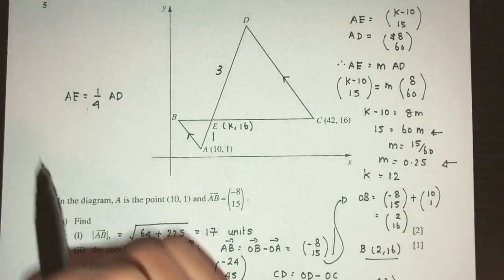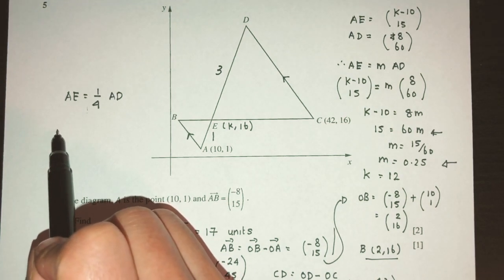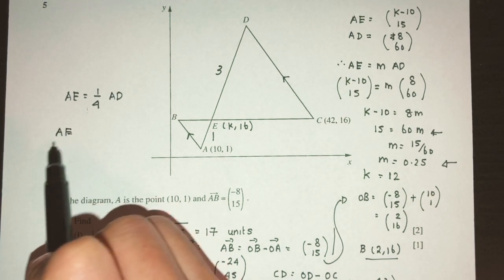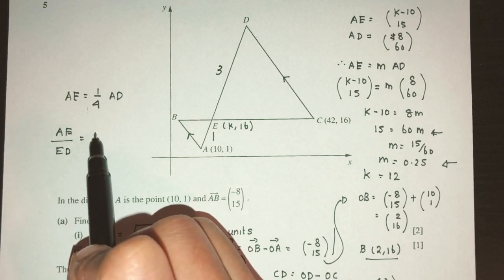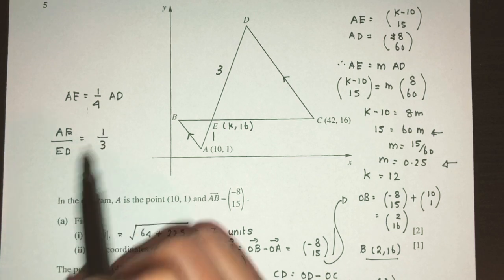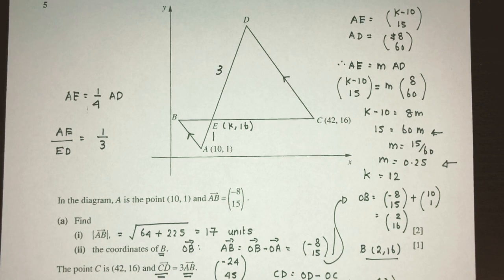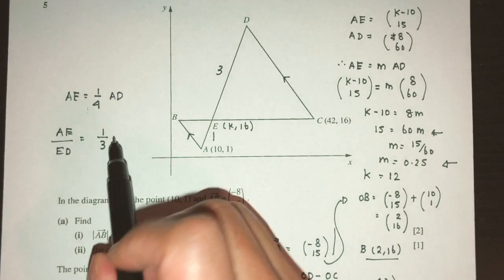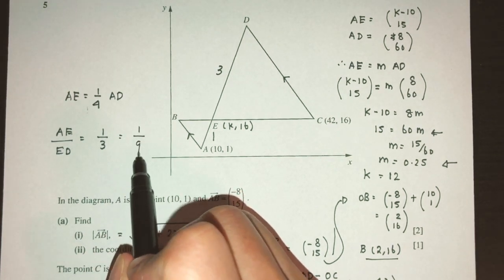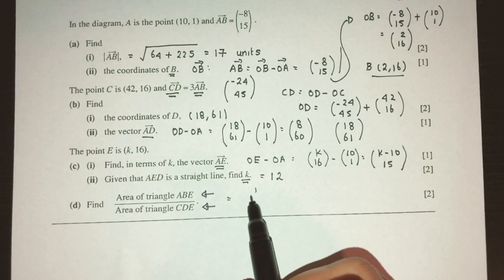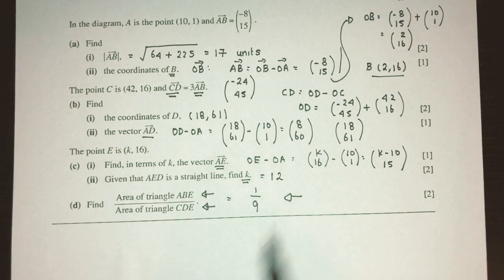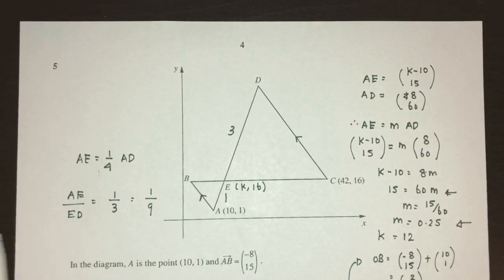So the ratio of the side AE over the side ED is 1 to 3. That's the side. Now what is the ratio of the area? We have to square both sides. That will be 1 over 9. So the area ratio will be 1 over 9. That will be part D of question number 5.